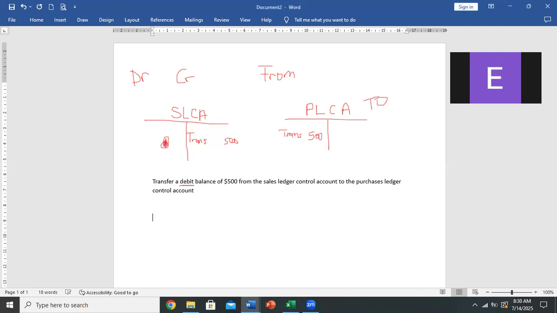So let's take, for example, a credit balance of $120 transferred from sales ledger. When you see SL, that's sales ledger, to purchases ledger. So who would attempt this for me?